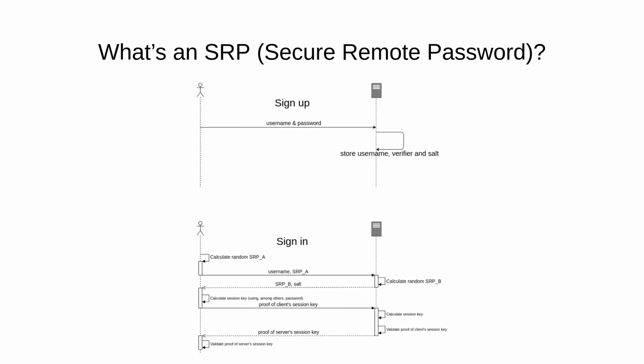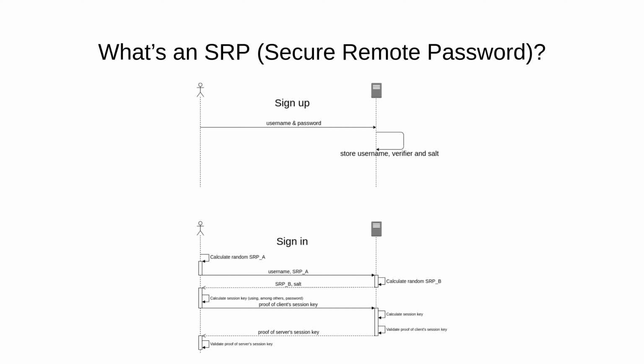What then happens on the client side is the client calculates a session key using, among other parameters, the password itself. So the password doesn't leave the client, but the client only calculates the session key, and from the session key it derives a proof of that key. And then it sends the proof of that key to the server. So it doesn't send the actual key, just the proof of it.